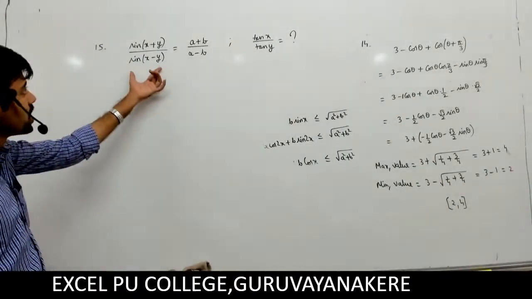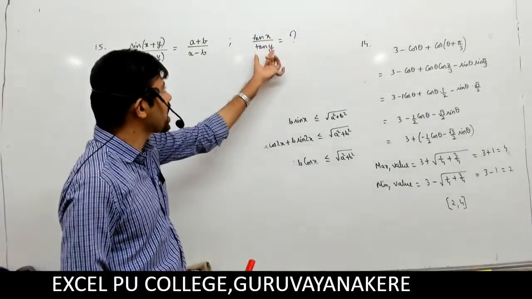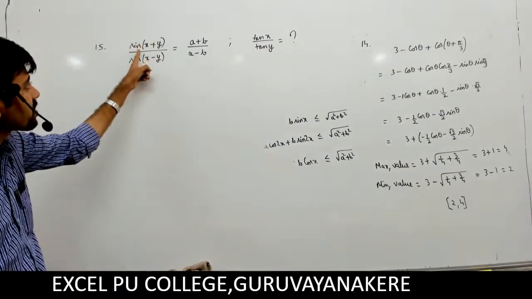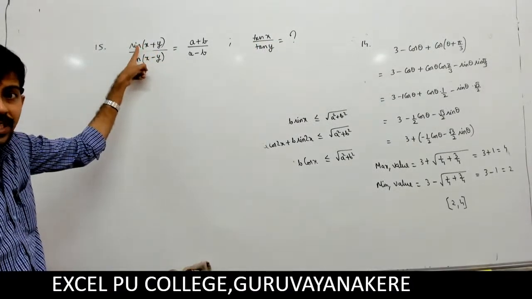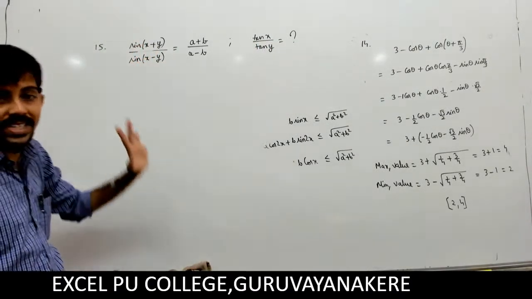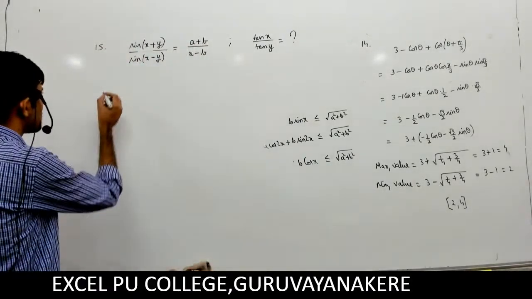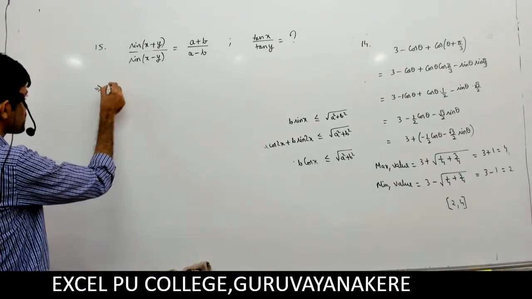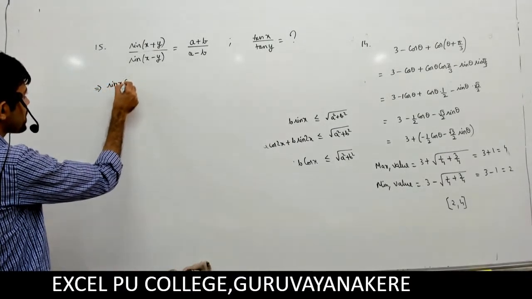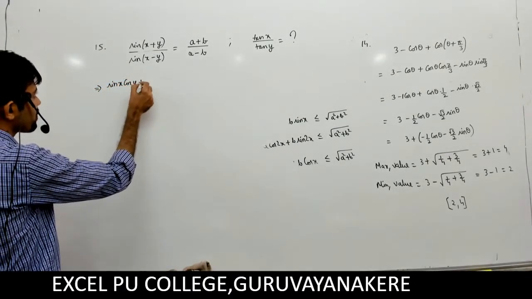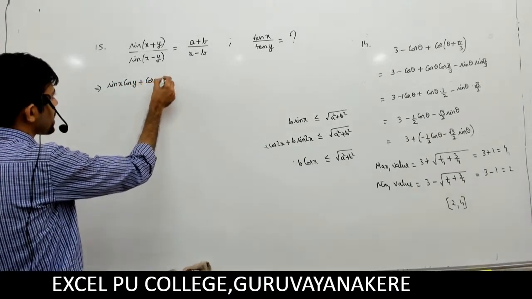Here, to get the value of tan x by tan y, what we do is first expand this. You know the formula for sin of x plus y, the compound angle formula, and sin of x minus y also. Expand it. Sin of x plus y is sin x into cos y plus cos x into sin y.